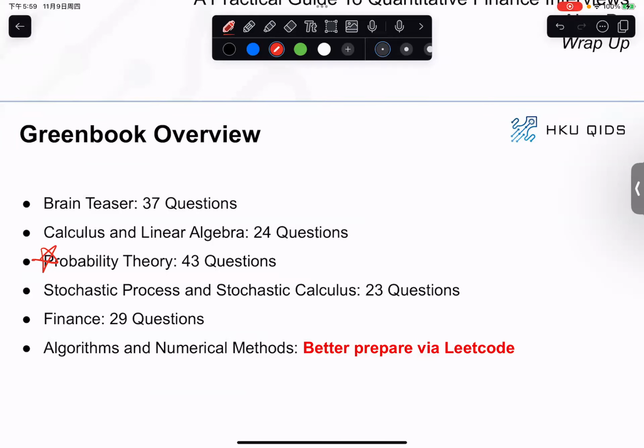I think in terms of importance, this one is definitely S level because it's used for both sell side and buy side, and all the logic and methodologies it provides are going to be used frequently. For brain teasers and calculus, it's more about the foundation, basically A level.